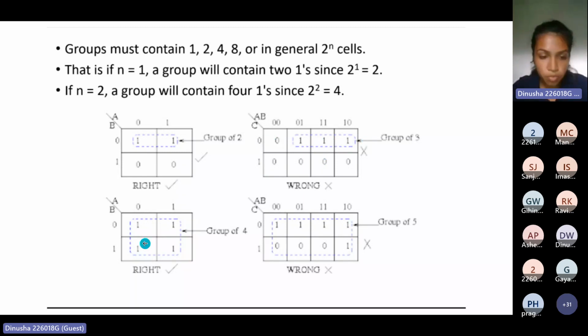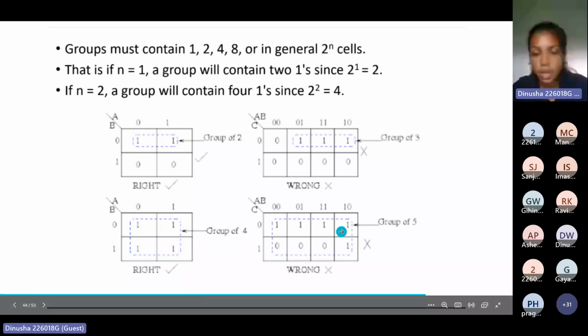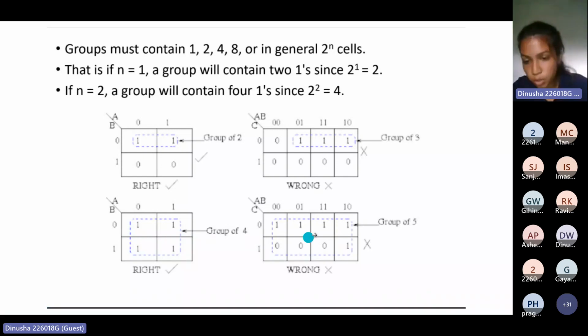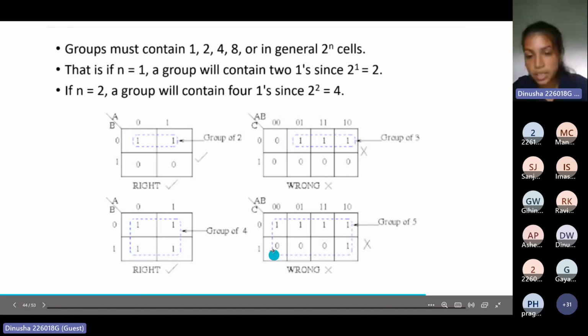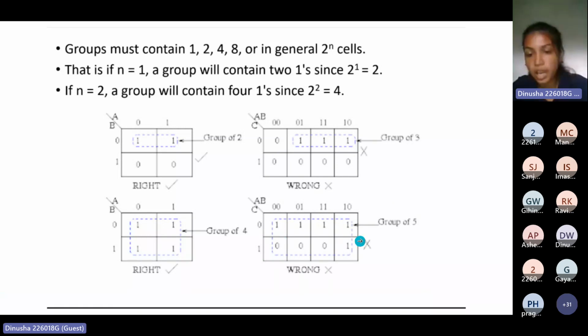Here we have 4 cells with 1, and 4 is a power of 2, so we can group this. And here we can't group because 3 zeros are here, and we can't group like an 8, but we can group these 1s as a 4.